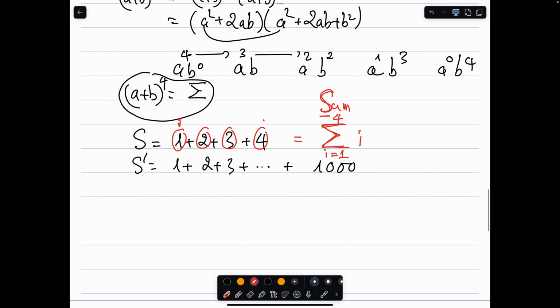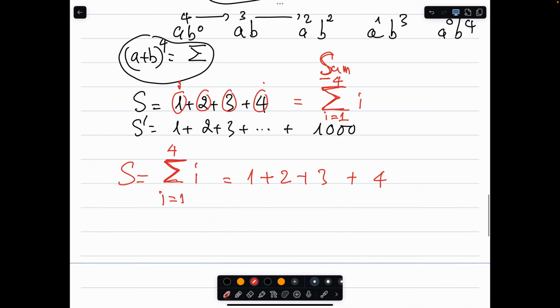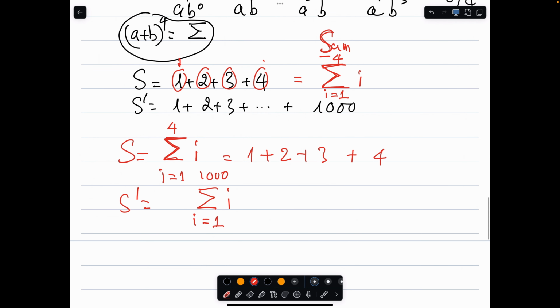So I write slowly, sigma I equal to I start from 1 and stop at 4. It means that you give I is 1, you have 1, I is 2, you have 2, I is 3, you have 3, I 4, you have 4, and this is the sum, so you add them together. This is S. So similarly, S prime is I equal 1, but now to 1000.